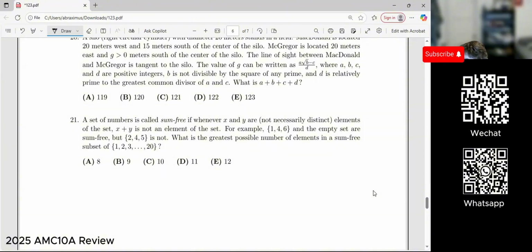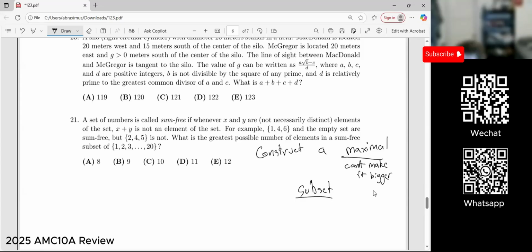So for this one, we're just going to construct a maximal, meaning can't make it bigger, subset. And if you're really mathematically minded, you might want to prove that all the maximal subsets have the same size.